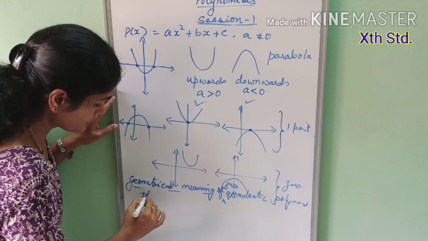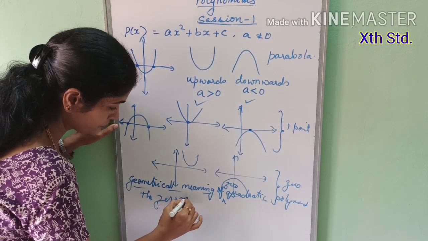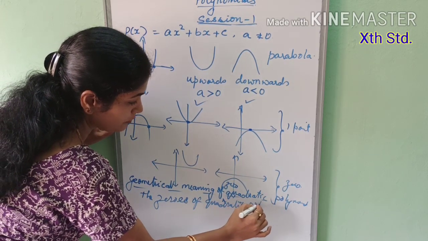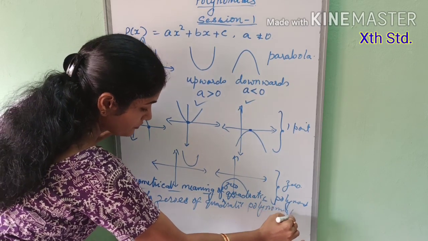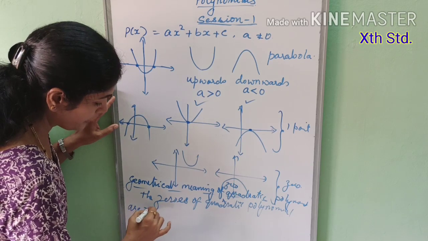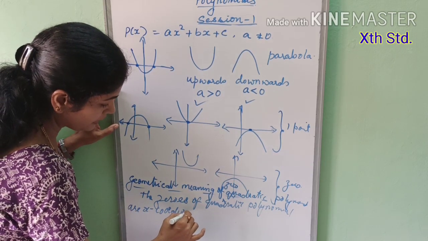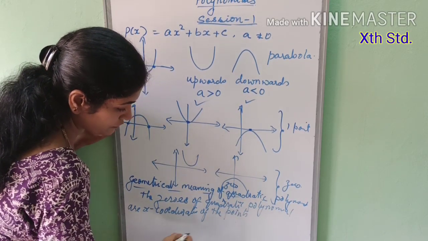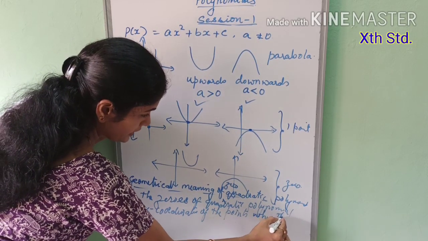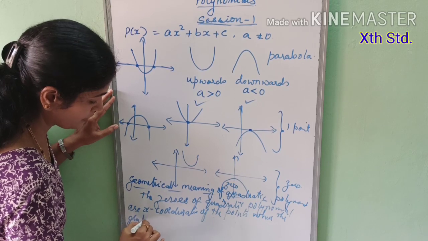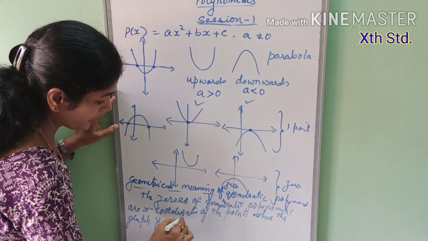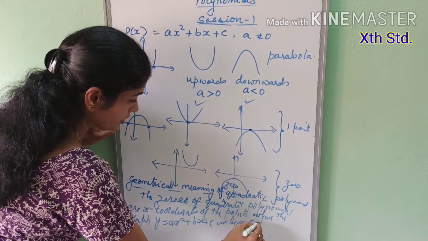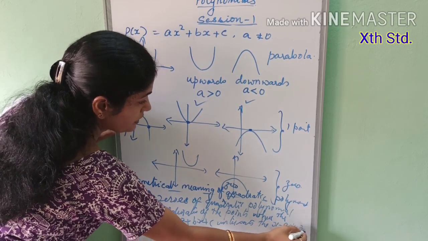The zeros of a quadratic polynomial are x coordinates of the points where the graph y equal to ax square plus bx plus c intersects the x-axis.